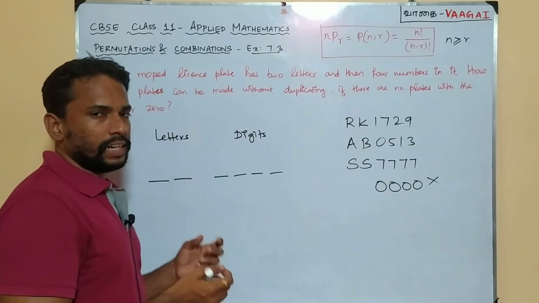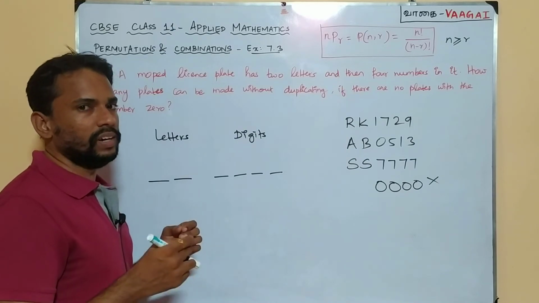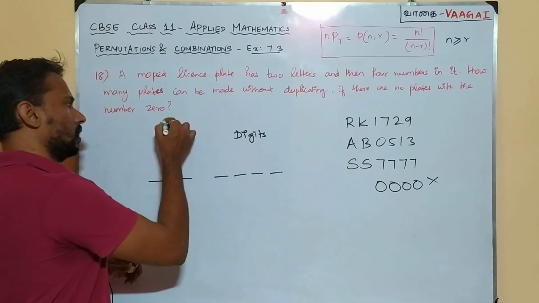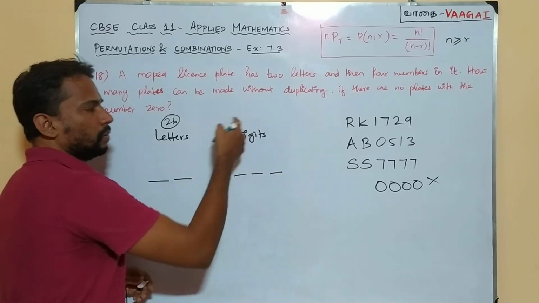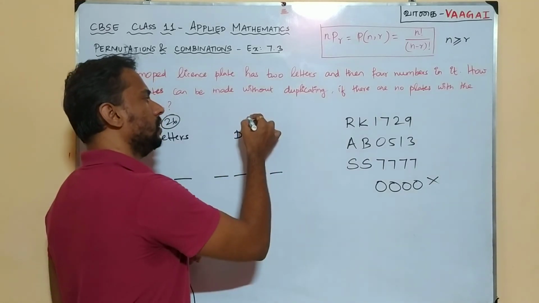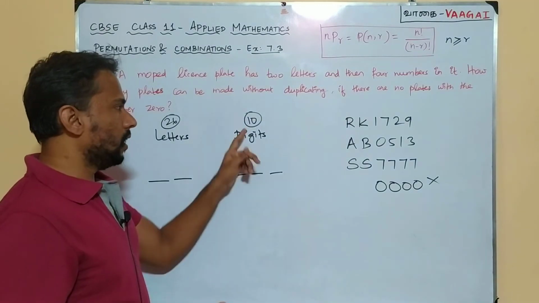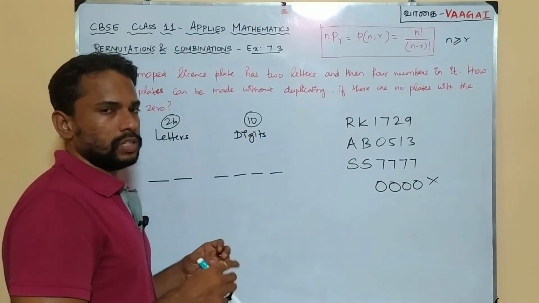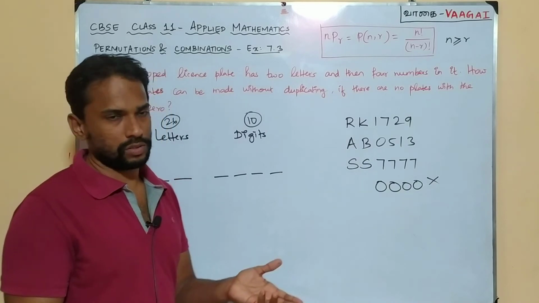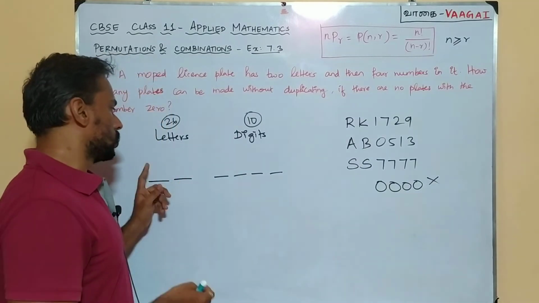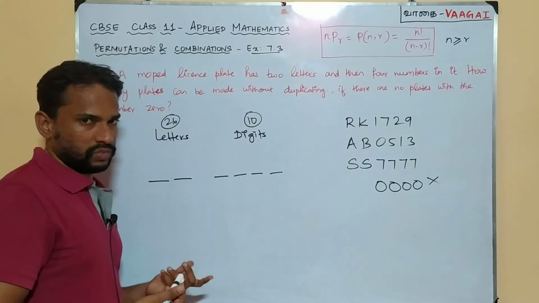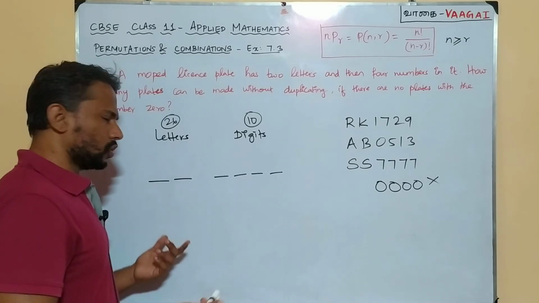Basically, how many letters are there? There are 26 letters, A, B, C up to Z. And digits are 0, 1, 2, 3, 4, 5, 6, 7, 8, 9, so there are 10 digits. Now, how many possible ways can we form the letters? It's very simple.